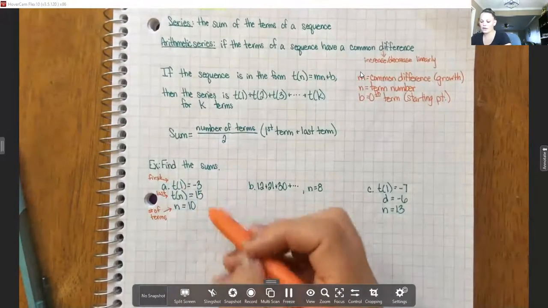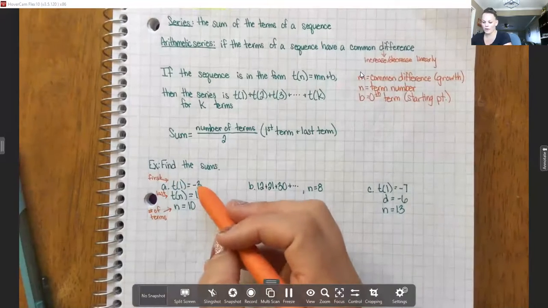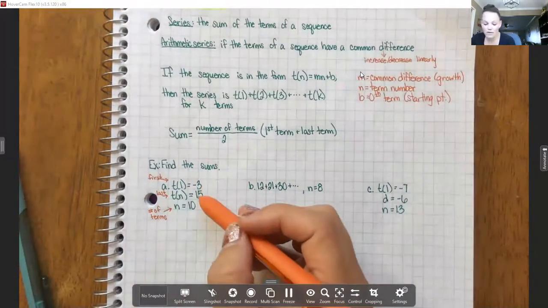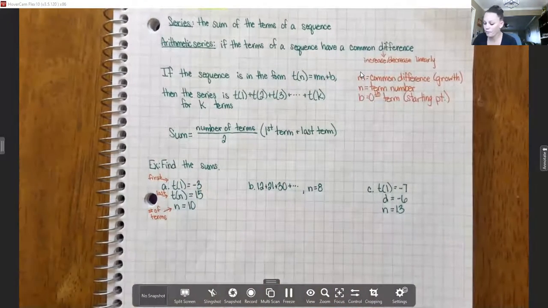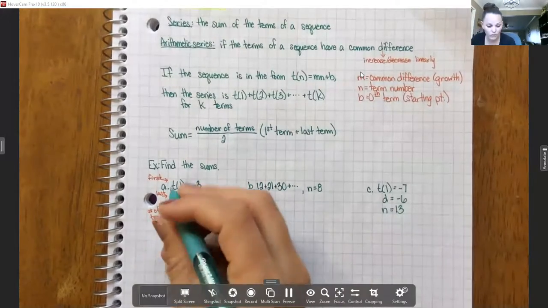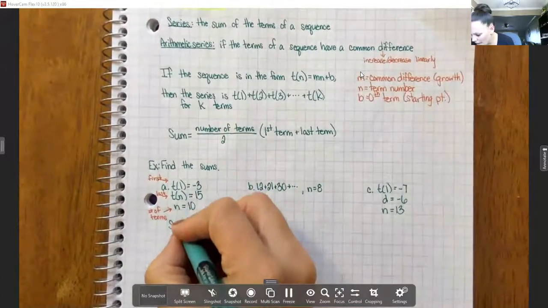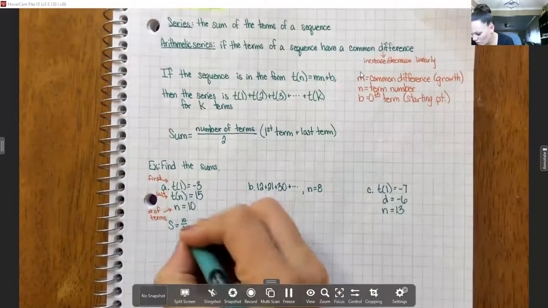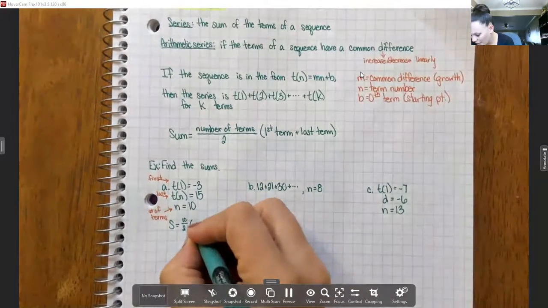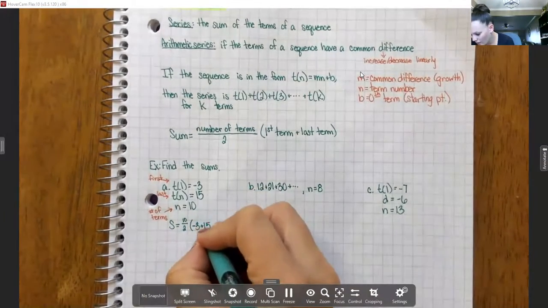If we have stairs, there would be 10 of them. This is weird because it would be negative, and then that last one would be 15. So our sum, if we just plug in, the number of terms is 10 divided by 2 times the first term, -3, plus 15.